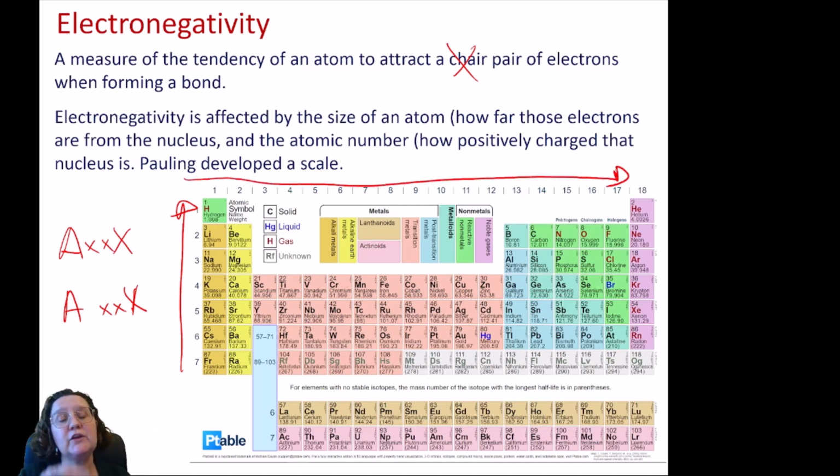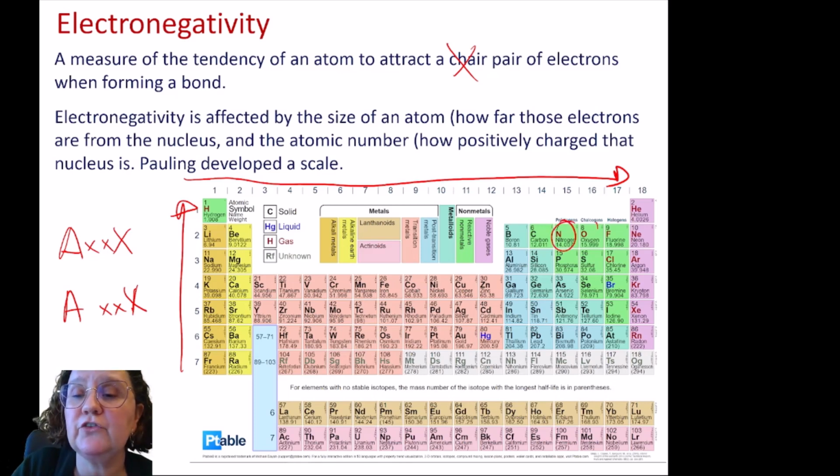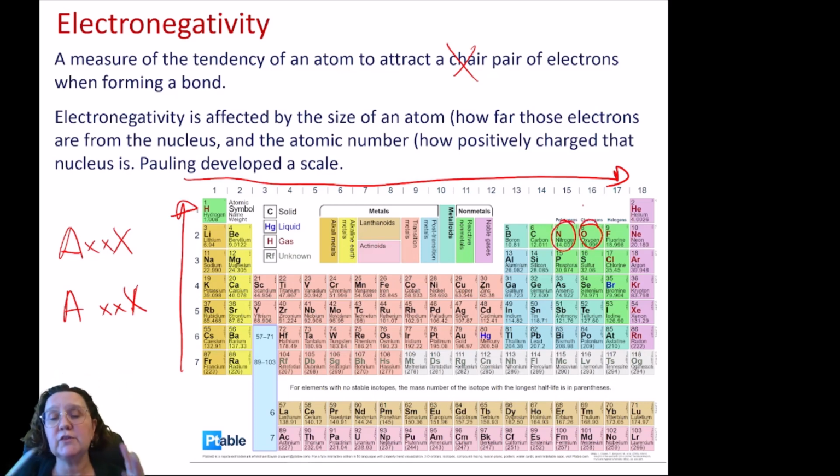Again, atoms are smaller within the same period. Atoms become smaller as we go towards the right. If you compare nitrogen and oxygen, oxygen is smaller than nitrogen, so those electrons in the bond will be closer to the nucleus of oxygen, and oxygen would have more tendency to attract them.